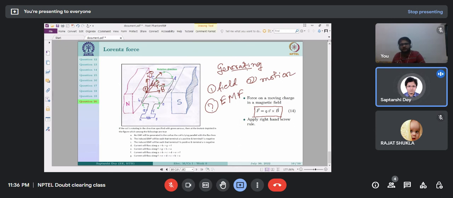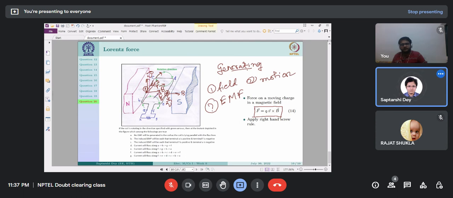We can verify it here also. This conductor is, as you can see, going down, so a positively charged particle is going down with some velocity v, and B is in this direction, so the force acting on this is in this direction.